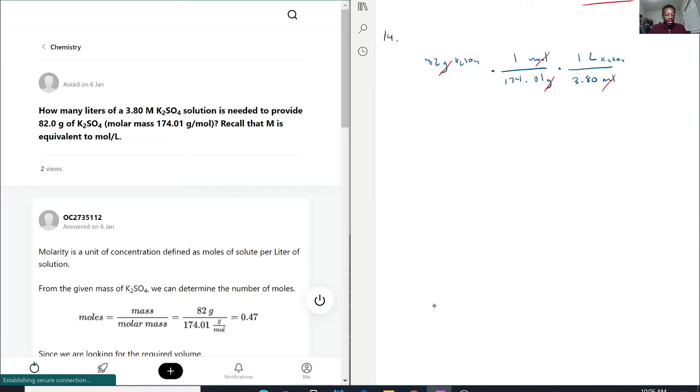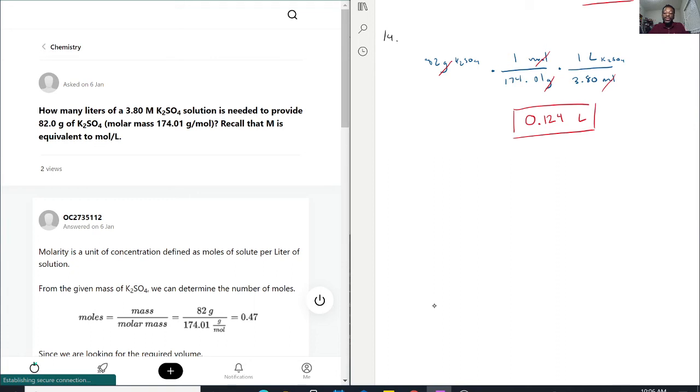So let's see here, 82 divided by 174.01 divided by 3.80. Our answer here to two significant digits, or three, because it's pretty close, is 0.124 liters. That is all the liters we need of this very concentrated solution to account for 82 grams of K2SO4, potassium sulfate.